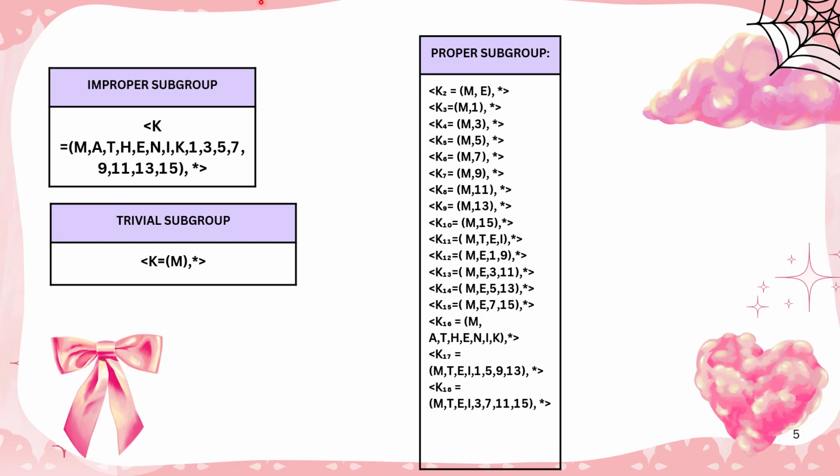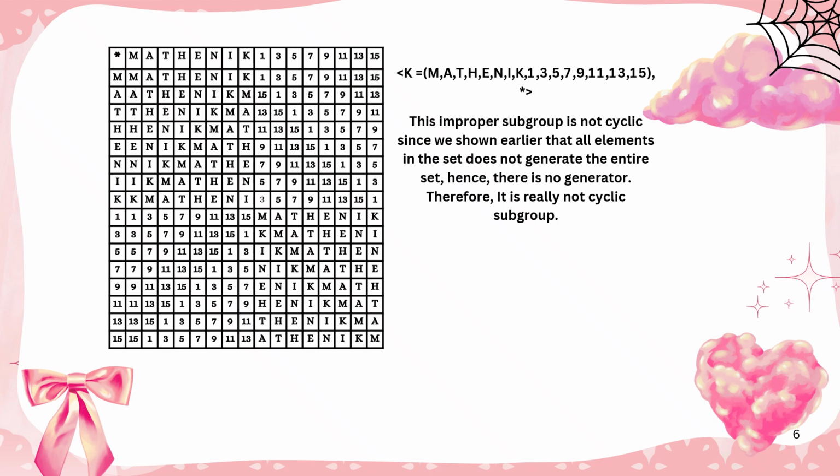So this will be the entire group. I mean, we have the improper subgroup, the trivial subgroup, and the proper subgroups. Now, let's talk about the improper subgroup, which is K with the elements M, A, T, H, E, N, I, K, 1, 3, 5, 7, 9, 11, 13, 15 under the binary operation.